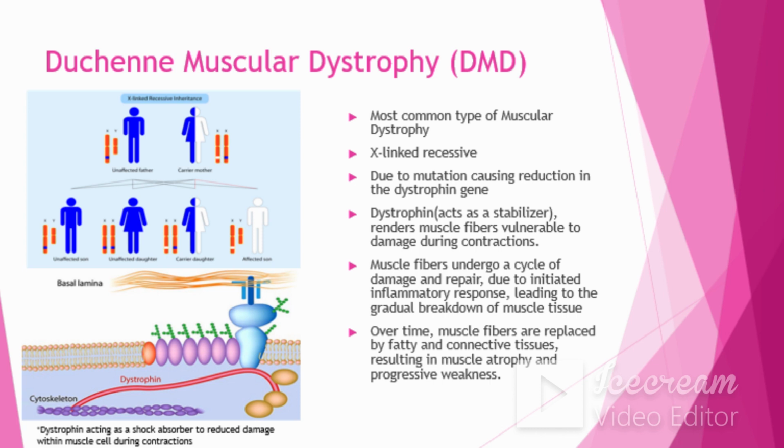That's the main reason why men have a higher prevalence of inheriting the condition compared to females. The defective gene is located on the X chromosome, and females have 2 X chromosomes while males only have 1 X chromosome and 1 Y chromosome.